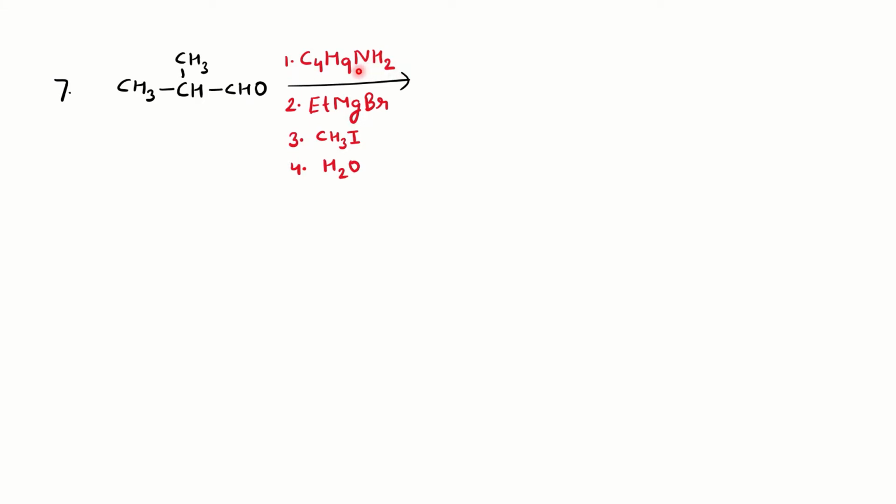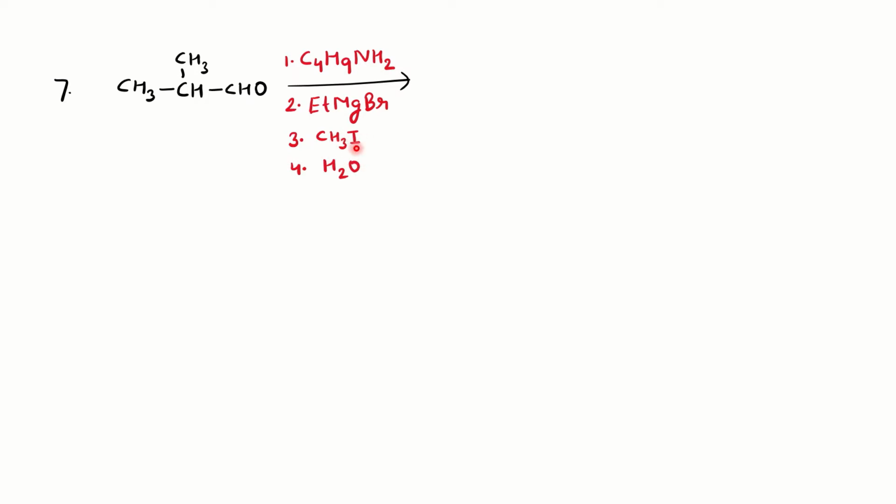So to form the C-C bond, we need a strong base which will abstract the acidic proton. For that we can use either a Grignard reagent or LDA, lithium diisopropylamide. Both are very strong bases and will abstract the proton.